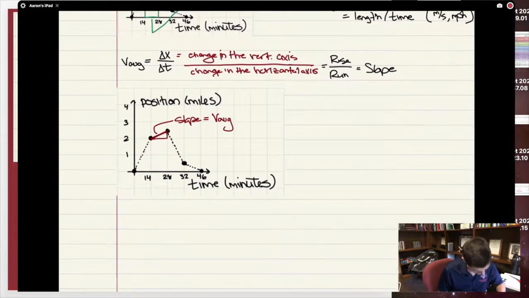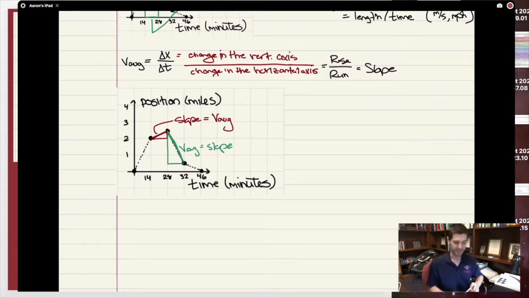Similarly, if I look at the second and the third point, there's some change in displacement and some change in time. If I connect those dots by a straight line, the average velocity is the slope of that straight line. In that case, it makes sense that the average velocity is negative. It has a negative slope. You're moving back towards the origin from the positive side.